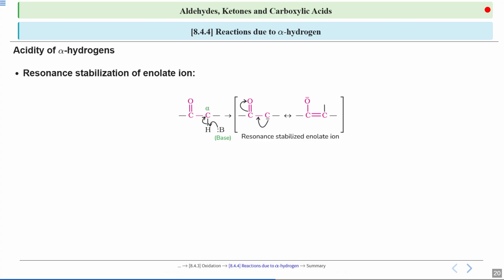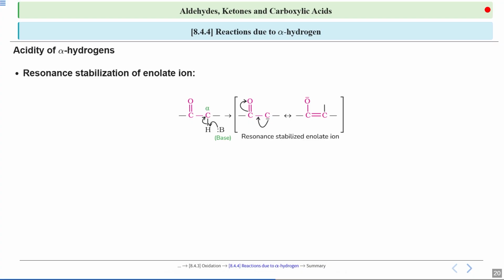So there will be a resonance, which causes the stabilization of the enolate. The C minus goes here and this electron density goes onto this oxygen, so oxygen becomes negatively charged and there is a double bond between carbon and carbon. So this enolate ion which is formed is stabilized by this resonance.